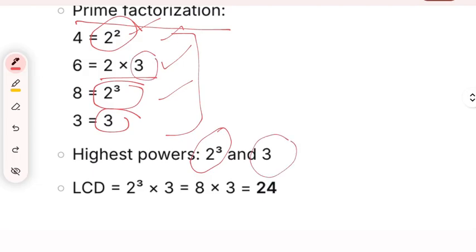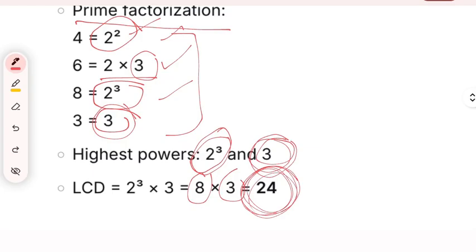There is 3 here, there's also 3 here. You don't have to take both of them, you just take one. Therefore, the LCD would be 2 to the 3, which is 8, times 3, which is 24. So the LCD is 24.